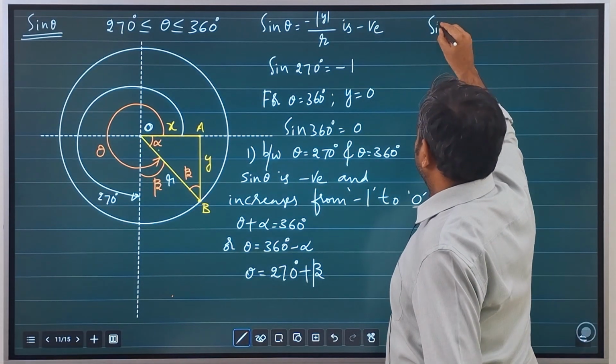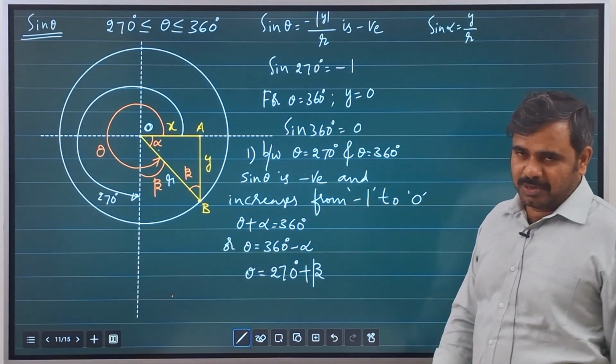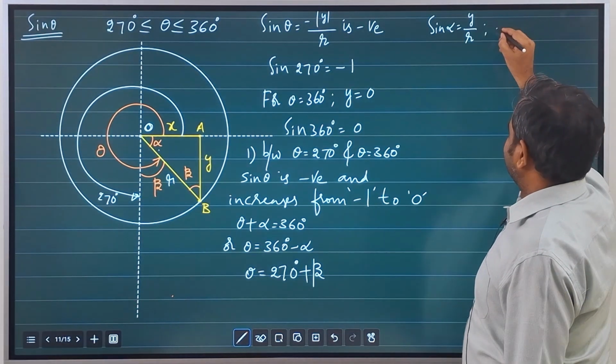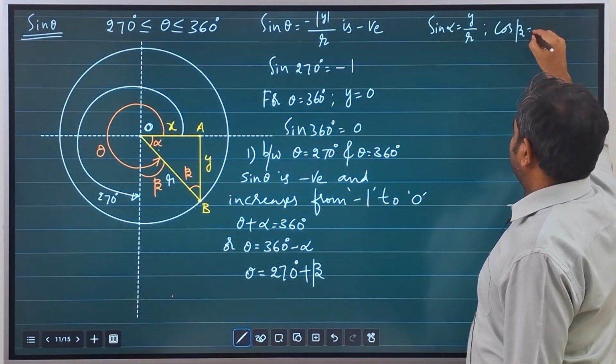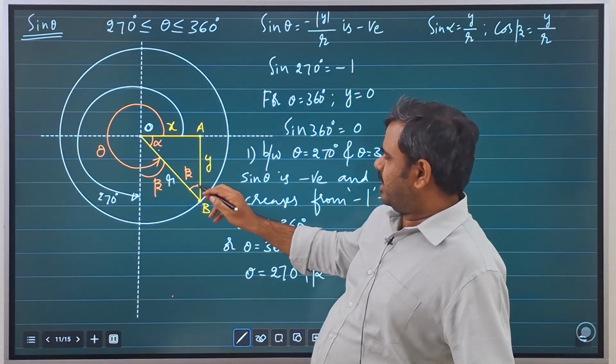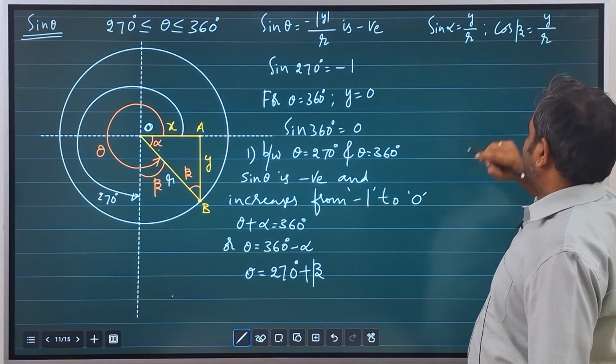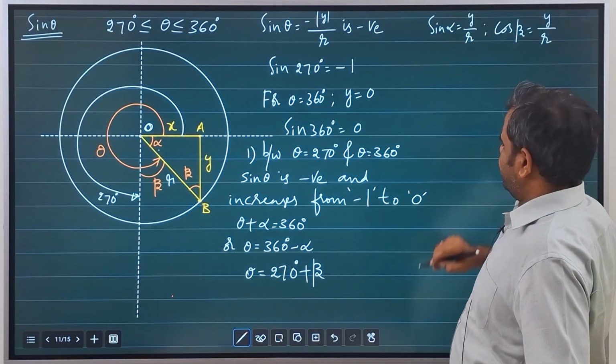Sin alpha is equal to opposite side by hypotenuse, y by r. Cos beta is equal to adjacent side by hypotenuse. Adjacent side to beta is y, so cos beta is equal to y by r. Sin alpha is also equal to y by r.